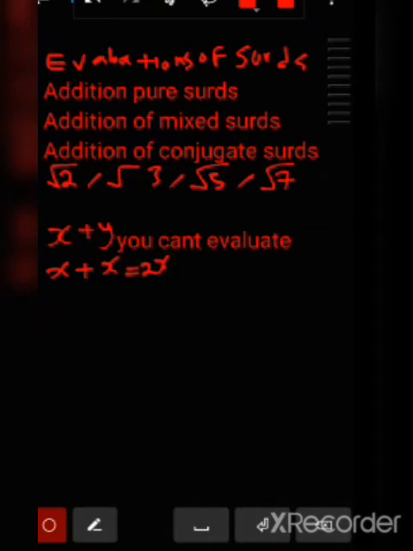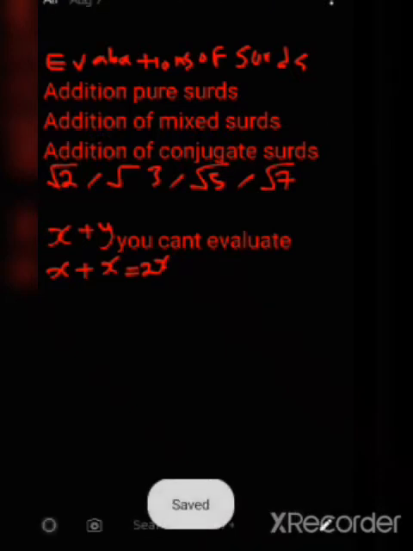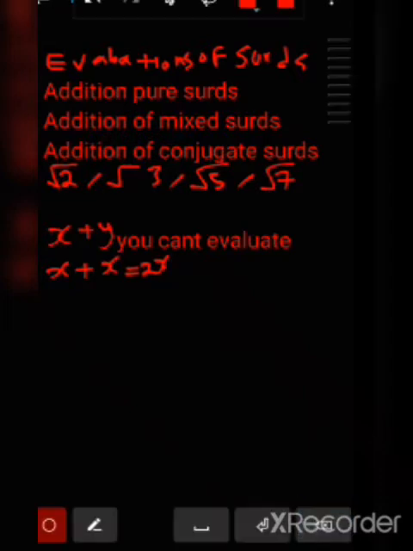So same applies to pure surds. When you are adding, you simply add the radicals. Remember what I said? A number which is under the root is called the radical. So make sure when adding surds, the radicals under the roots should be the same.